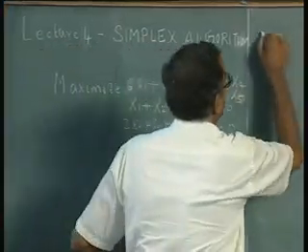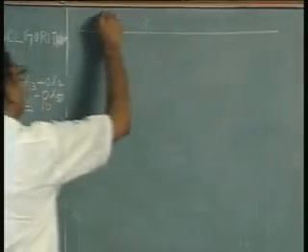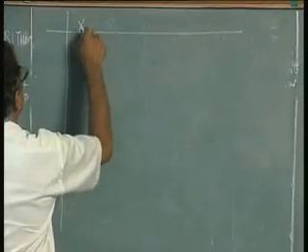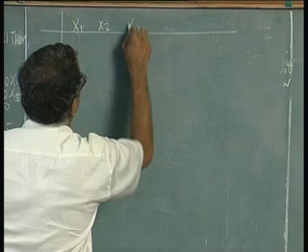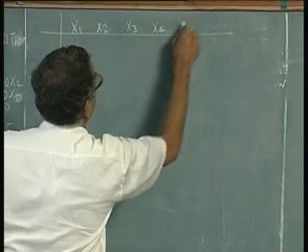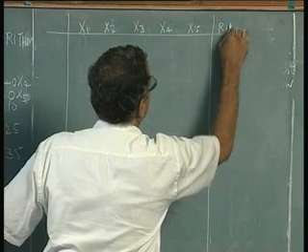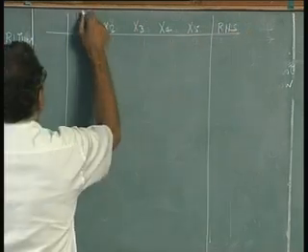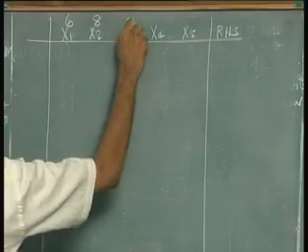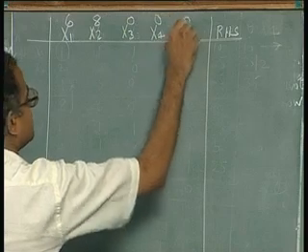Now we construct the simplex table here with 5 variables x1, x2, x3, x4 and x5 with the right hand side values given here. The coefficients are 6, 8, 0, 0, 0.